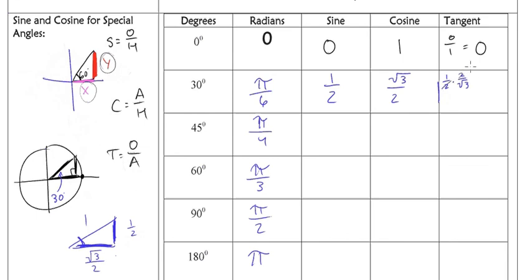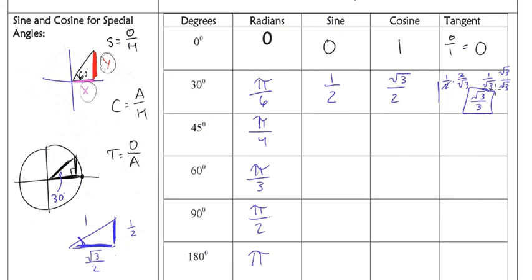The 2's cancel out because 2 divided by 2 is 1, and we end up with 1 over root 3. Again, we don't like to have a radical in the denominator. We do what's called rationalizing, so multiply the top and the bottom by root 3, and we end up with root 3 over 3. That is our tangent of 30 degrees.